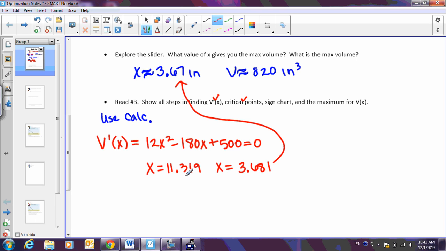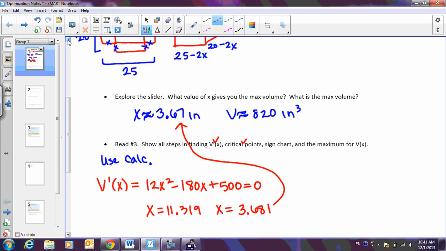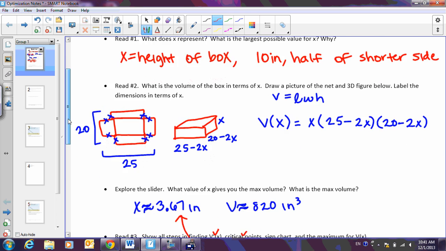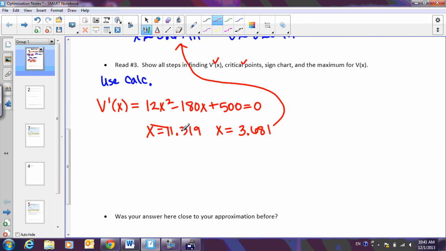But I also have this 11.319. It's giving me two answers because there's two true solutions, but we said that the most x could be was 10. So can x be 11? No. This is kind of like one of those extraneous solutions. All right, now so far I've found x, but I really don't know for sure algebraically and using calculus.